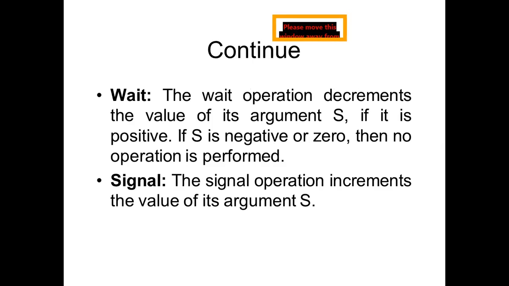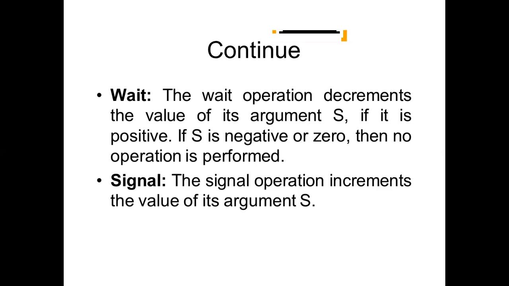So what is wait and what is signal? The wait operation decrements the value of its argument S. We indicate the semaphore by S, and under the wait condition, the value of the semaphore will be decreased by 1. If S is negative or 0, then no operation is performed.